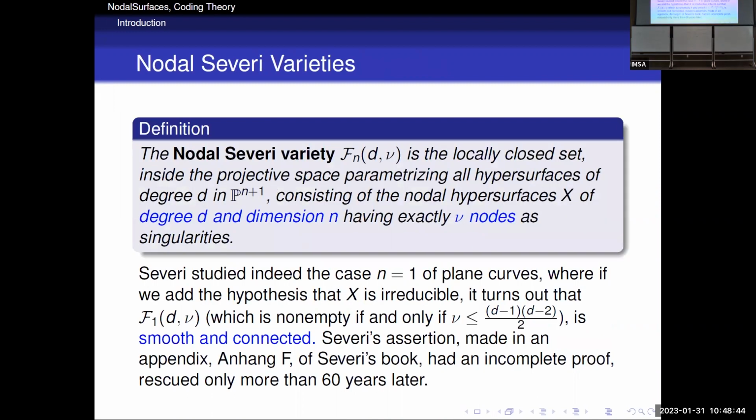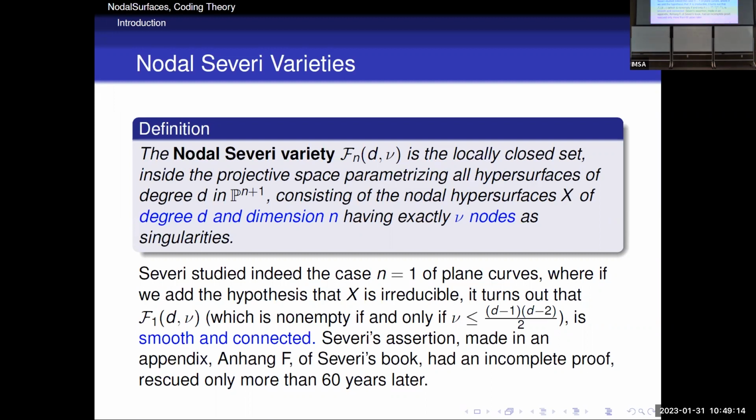And one can define the nodal Severi variety, F like family, of hypersurfaces of dimension n, degree d, with number of nodes equal to nu, is some locally closed set. Why is it called nodal Severi variety?